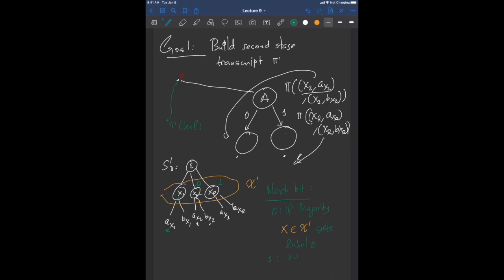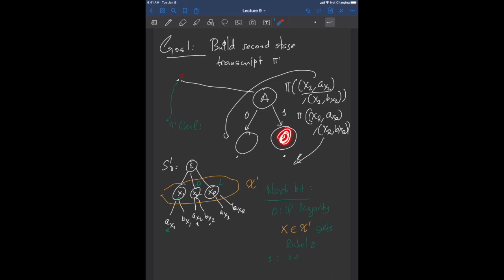So we go from S dash pi to S dash pi dot 0 if majority. We go to this node if the majority of x in x dash gets label 0, and here if the majority of them get 1.